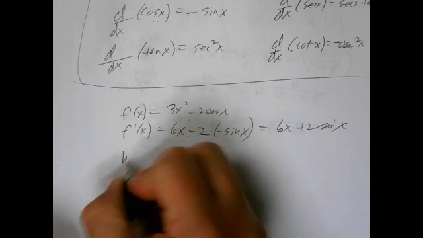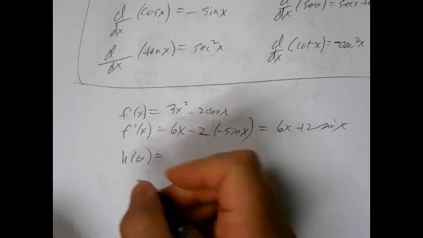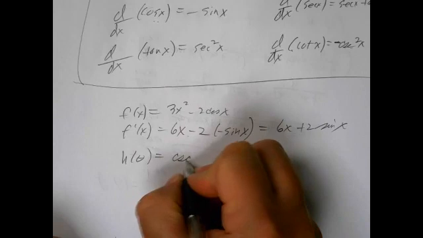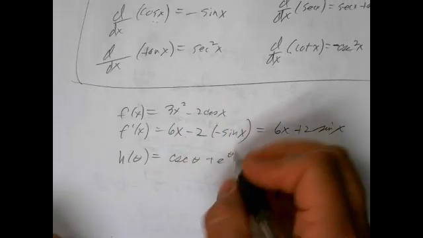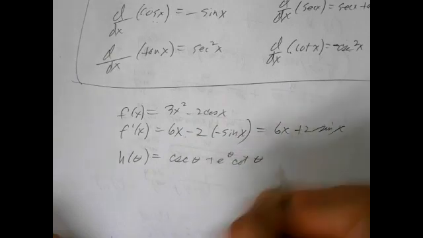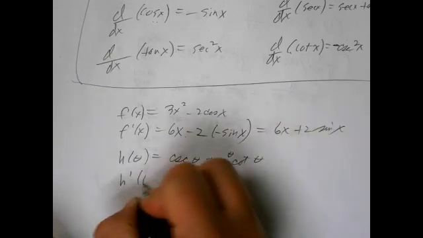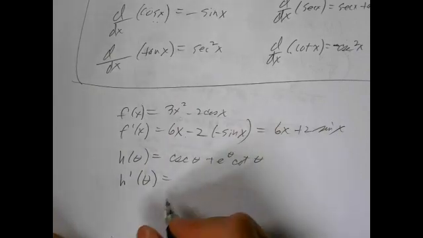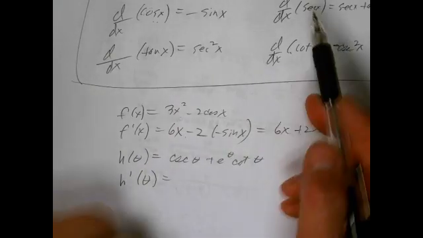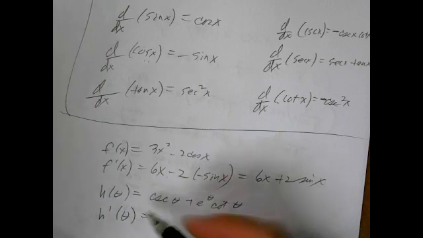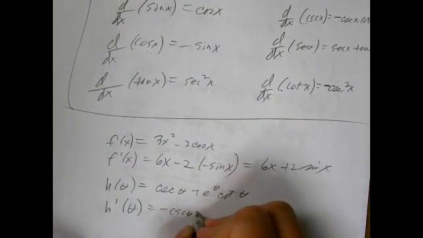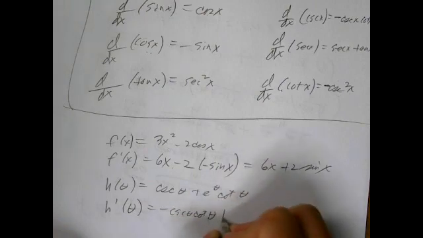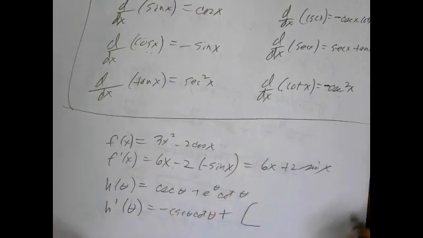If you had an h of theta equaling cosecant theta plus e to the theta cotangent theta, you want to know what's h prime. Well, using the rules as I've laid them out up here, derivative of the cosecant will be a negative cosecant theta cotangent theta plus, and over here, it's going to be a product rule.